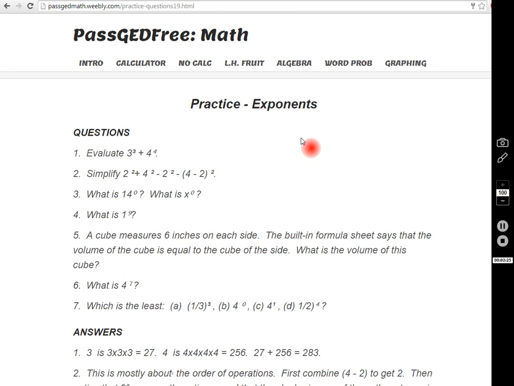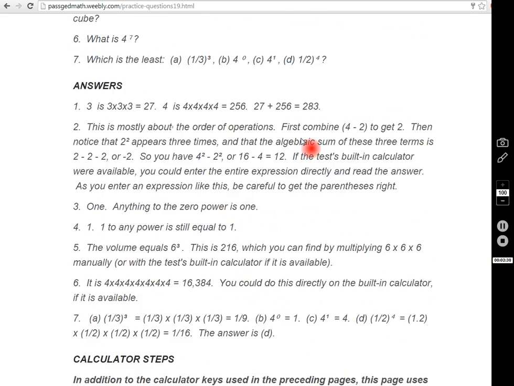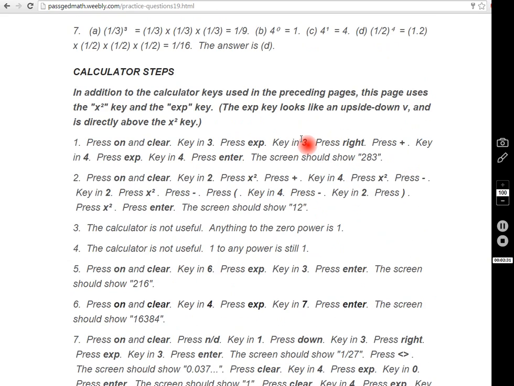Now in this calculator section, there are not only questions and answers, as you can see, there are also the precise calculator steps you would use to apply the calculator to the particular question. If you get good with this calculator, you can get at least 50 points on the test.